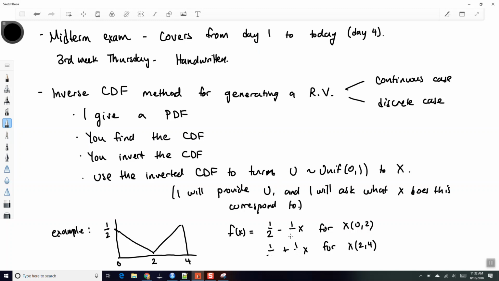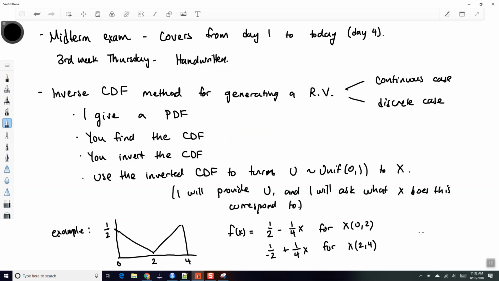Okay, so 1/2 minus 1/4 x, is that right? And then this is negative 1/2 plus 1/4 x, right? Okay. Good. So this integrates to 1.